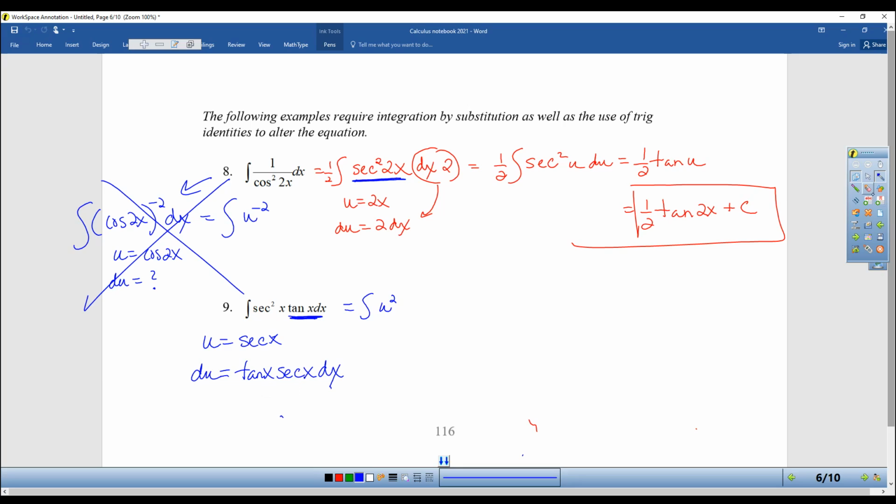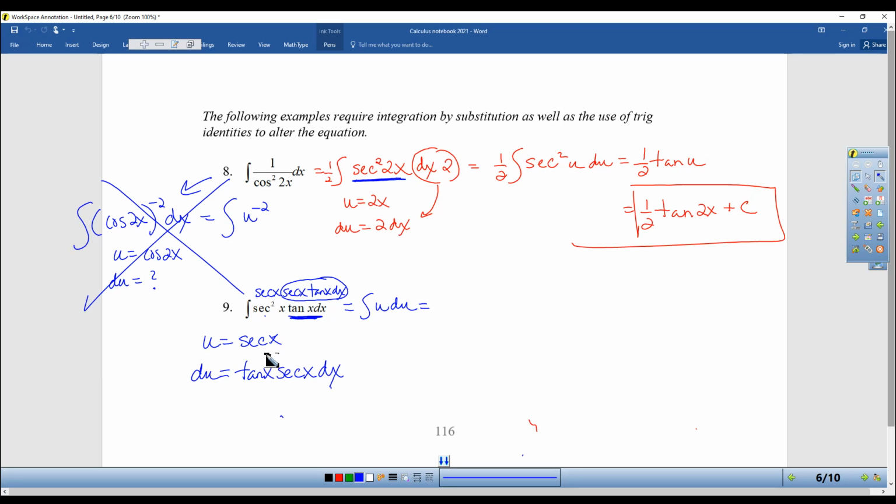So this is a really funny one. That's why you're going to do a lot of homework on this, because they're all a little different. I'm actually going to have to break this up into secant of x, tangent of x, dx, because I need all of this to be my du. I actually only end up with u du, not u squared. I used one of those two secants to make my derivative. I still got rid of my u, but not in the way we expected.